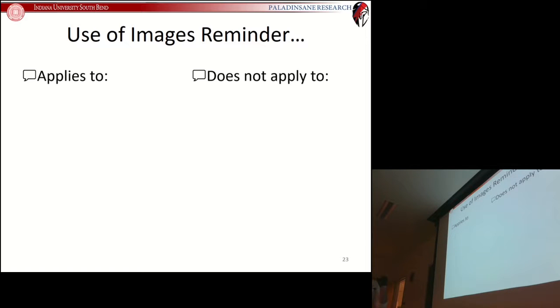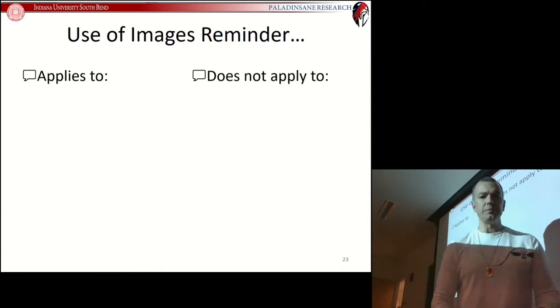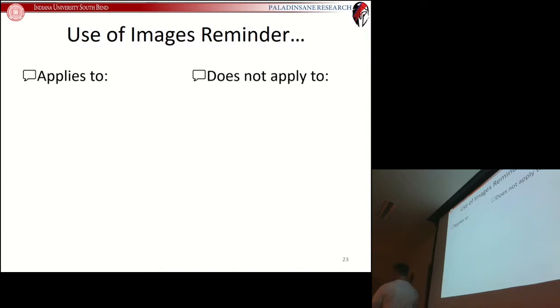All right. So one last little thing to clarify in terms of the use of images. This need to either get something from Creative Commons that has a license where, through attribution, you can legally use it, or create your own images that you own the copyright to, applies to the research paper, and in general, it applies to publications.